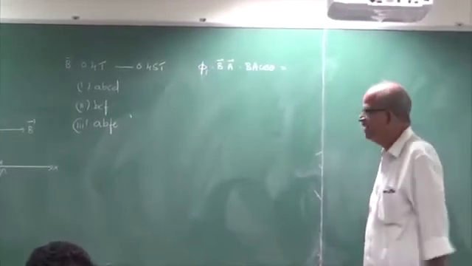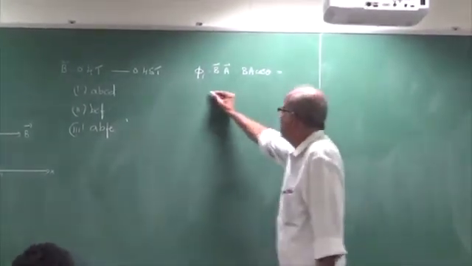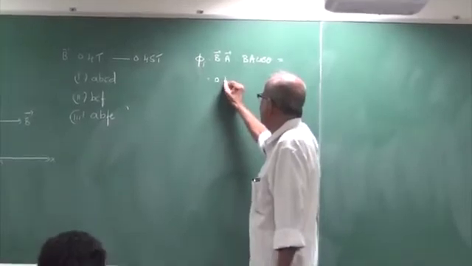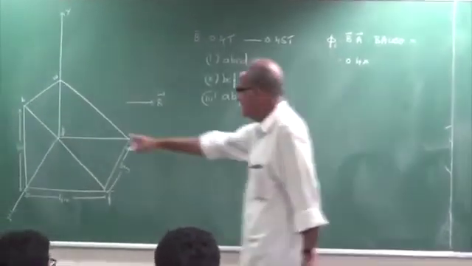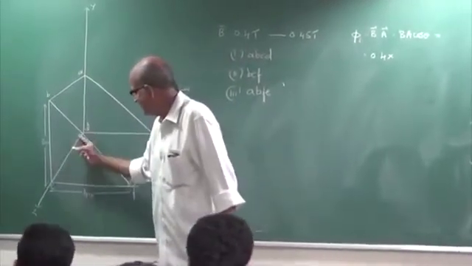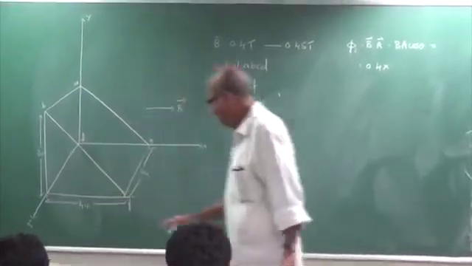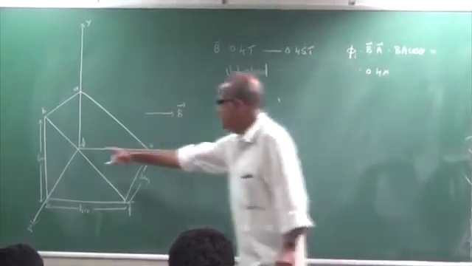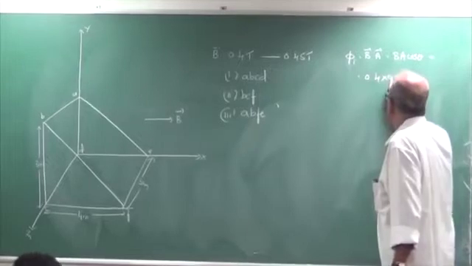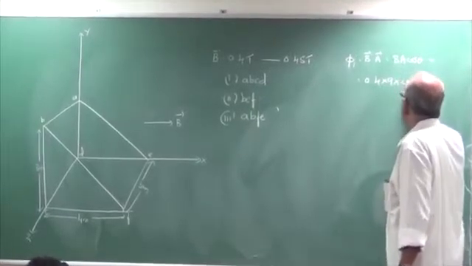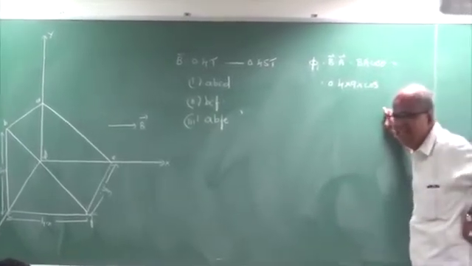What is the initial flux? See, what is B? 0.4. What is A? A is length into breadth, correct? 3 into 3, which is 9, into cosine of the angle between vector B and the area vector.